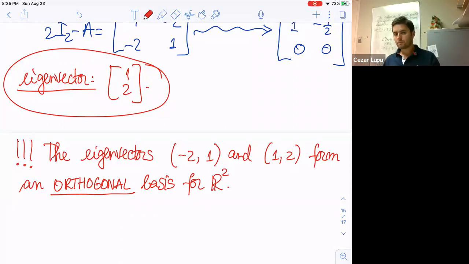Right? Okay, and now we want to normalize them, right?